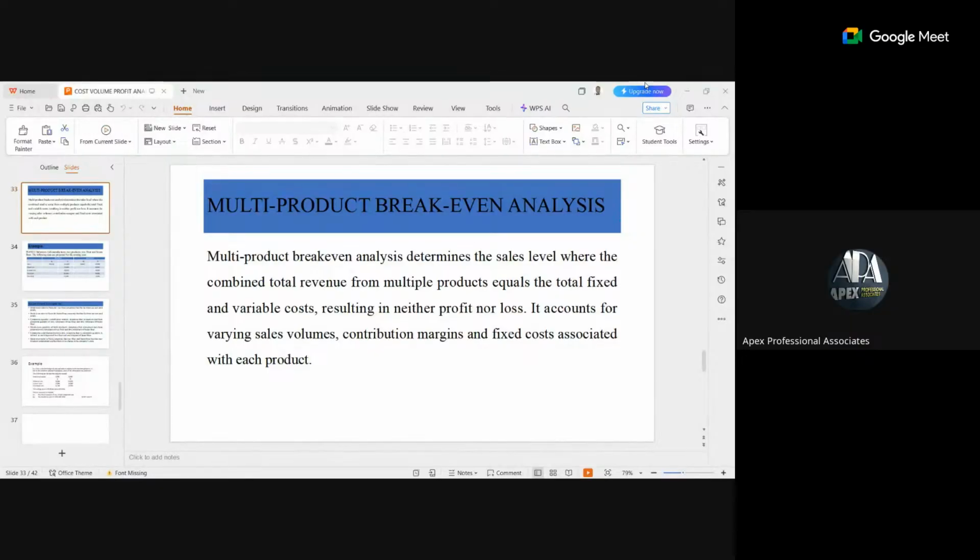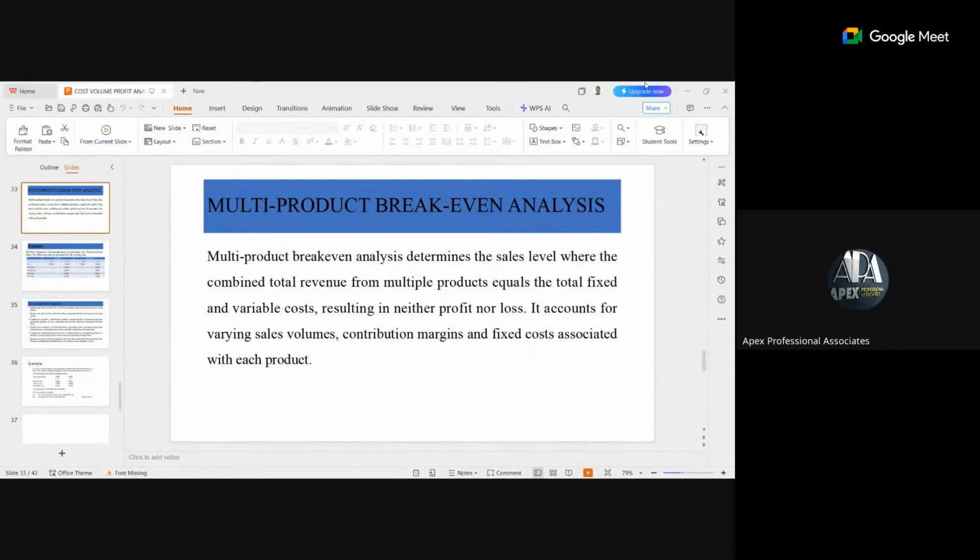Sales mix can also be in the form of a fraction. Take notes. For example, it can be 3/10, it can be 7/10. They will not tell you specifically. You should know. For example, if they give you a ratio of two products, 3:7, product A is 3, product B is 7.